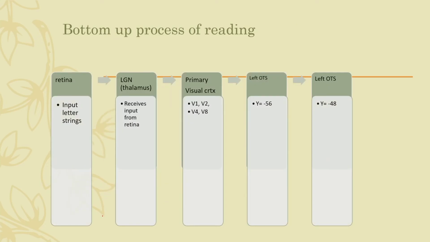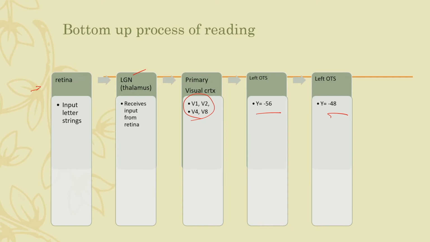So, the retina is the first step, to the eyes, that we get the signals from input letter strings, and then within the brain the first area is LGN in the thalamus where the first processing happens, and then it goes on to 4 stages here itself in the primary visual cortex, and then it goes to left OTS. Again there are 2 stages, they are called -56 and -48.